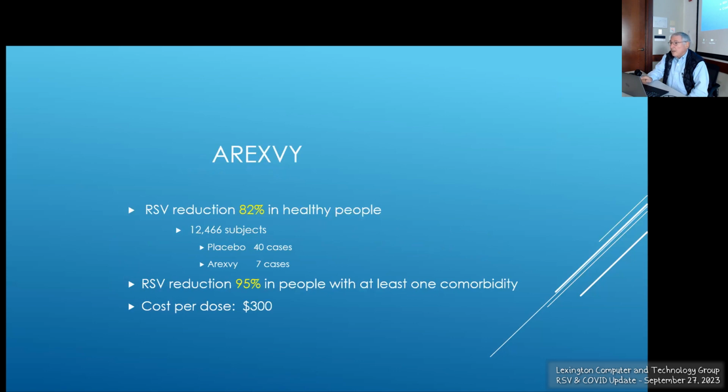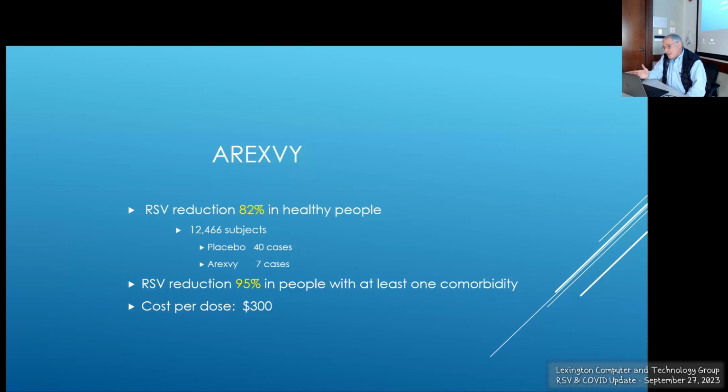So now let's look at the reduction. Now here's where there are lies, damn lies, and statistics. Who said that? Disraeli. Okay, so this will be in that folder. RSV reduction is 82% in healthy people. In their study they had 12,000 odd subjects, actually an even number of subjects.